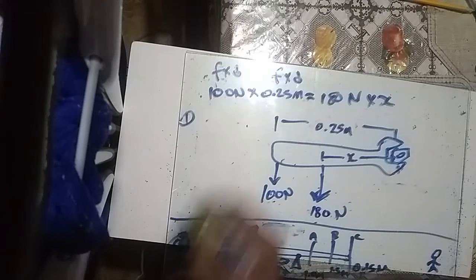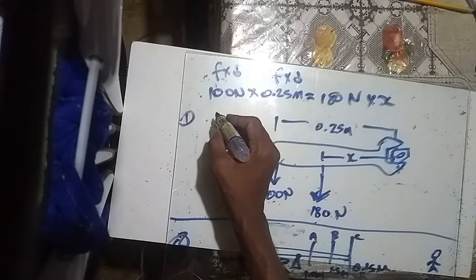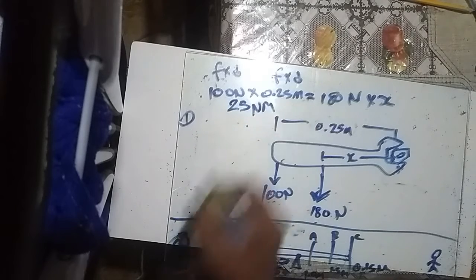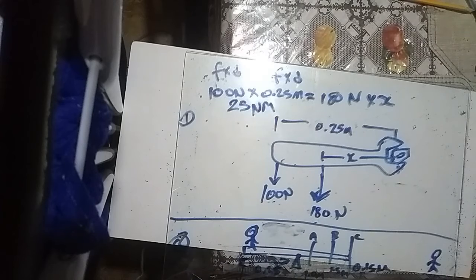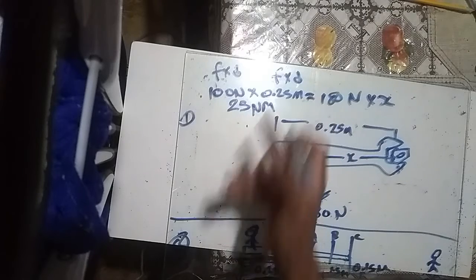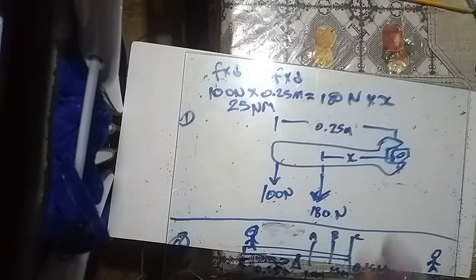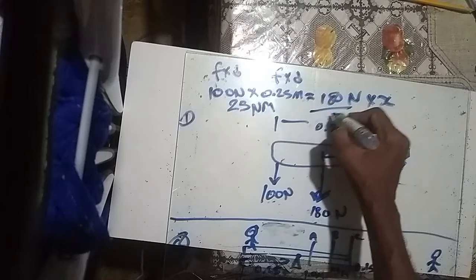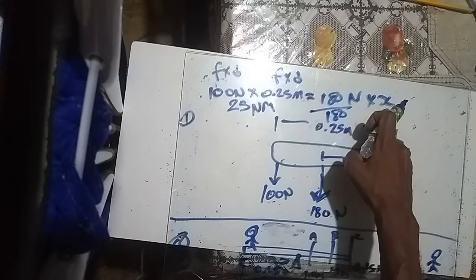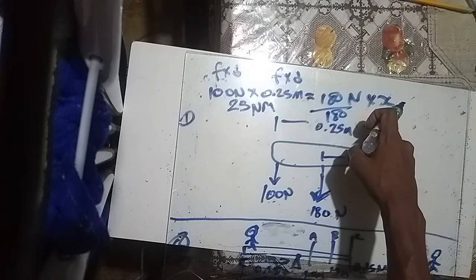Alright, so 100 times 0.25 is what? 100 times 0.25 is 25 newton meter. 25 what? Newton meter. As you would have known, half of 100 is 50. Therefore, a quarter of 100, which is 0.25, has to be 25, right? And then I divide by 180 over here, because 180 is multiplying my x, and I want to make x the subject of the formula to find it.